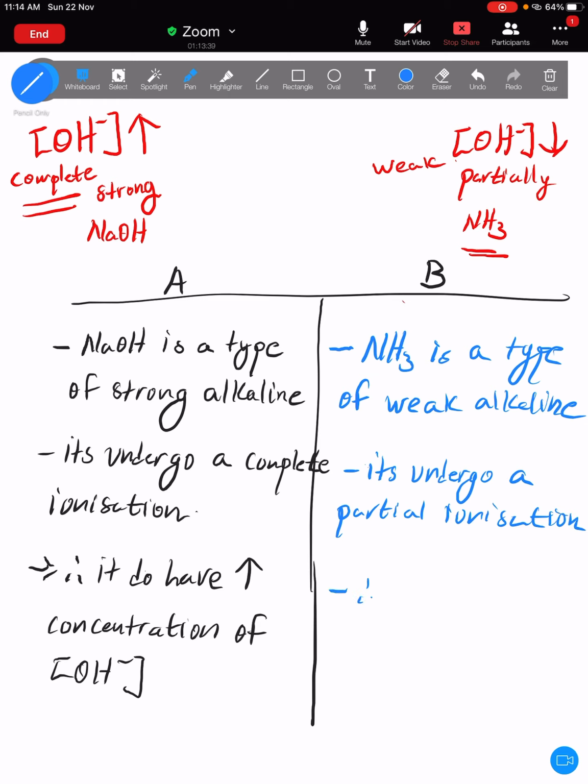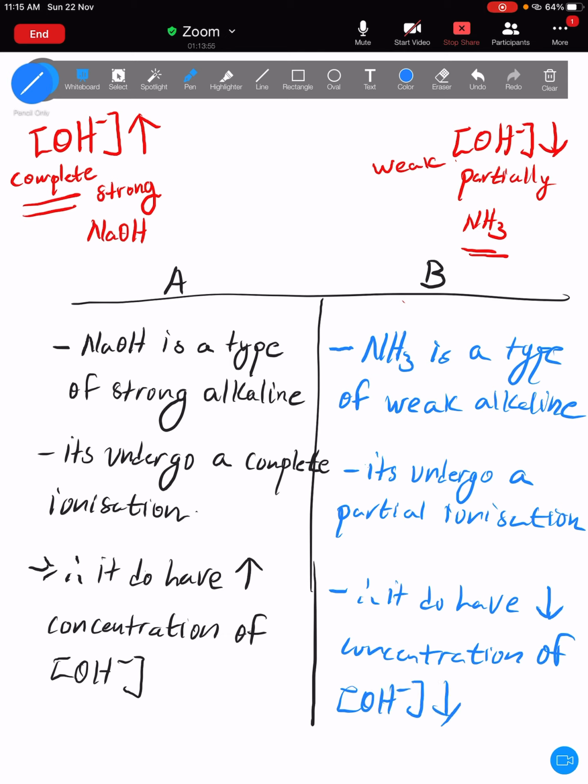So it does have low concentration of OH minus. That's why this one pH value is very high and this one pH value is low. That's the answer. You get 4 marks over here.